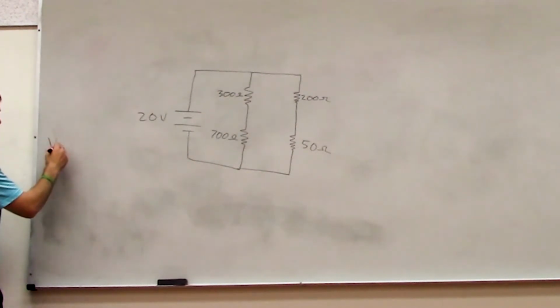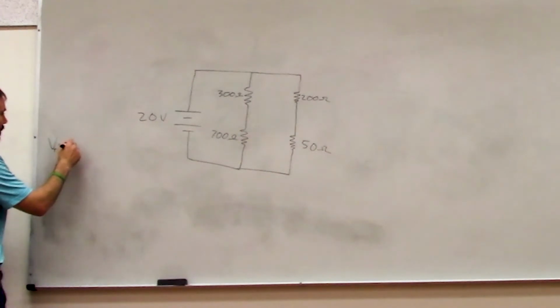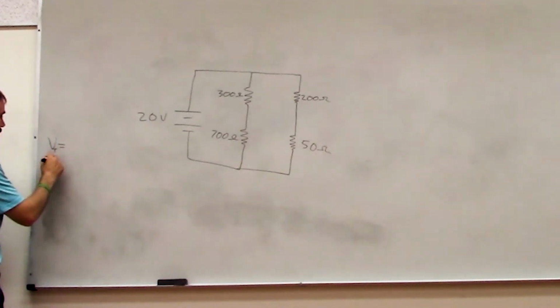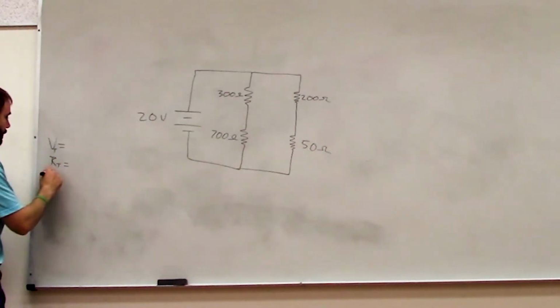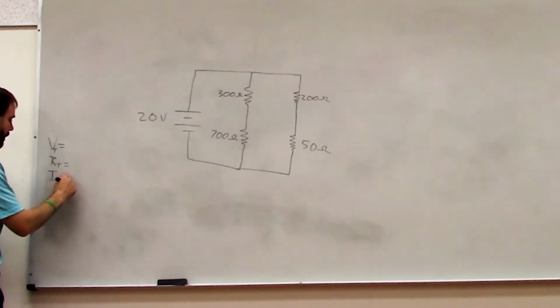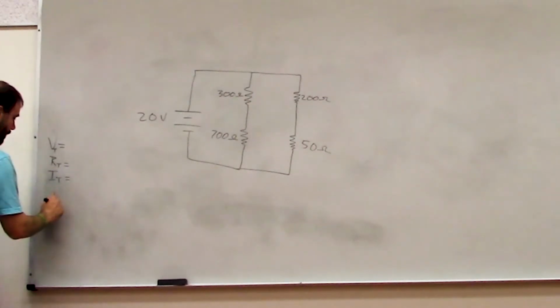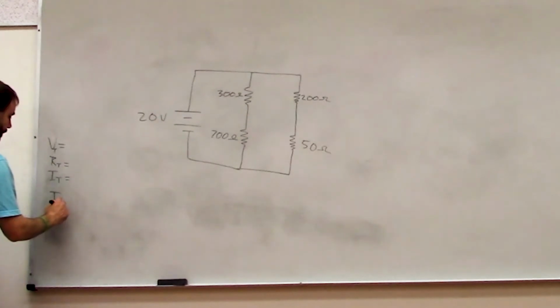So I might ask you, what's the total voltage, the total resistance, the total current, and then the current and voltage for each resistor.